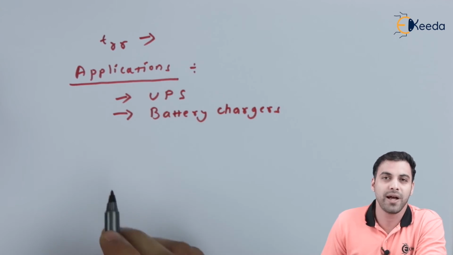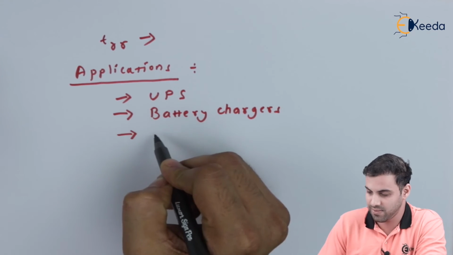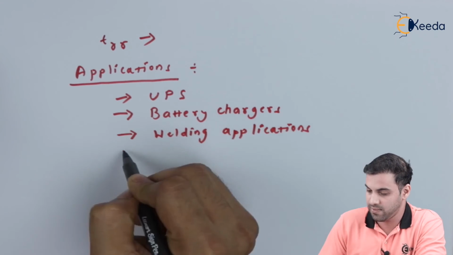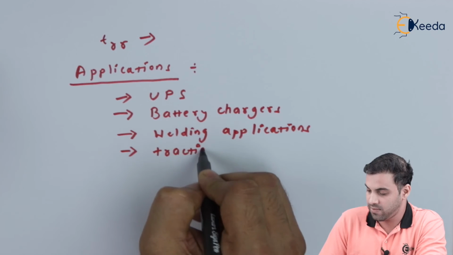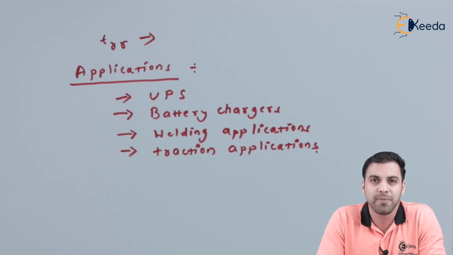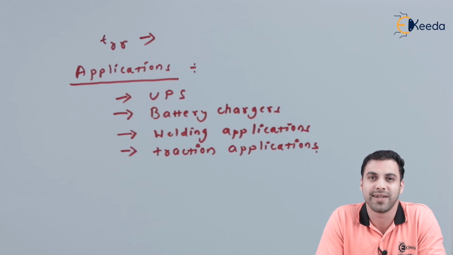The general purpose diodes are widely used in battery chargers. They are also widely used in the welding application and the traction application, etc.